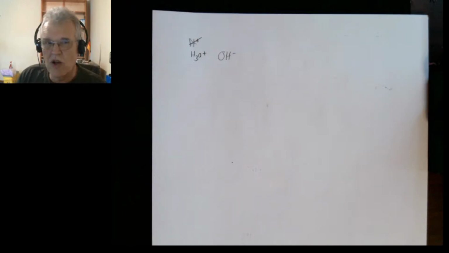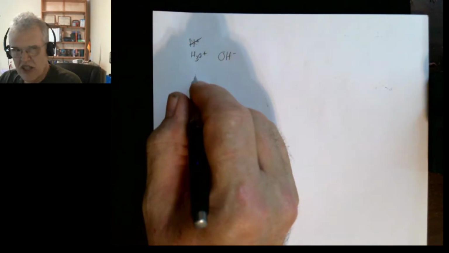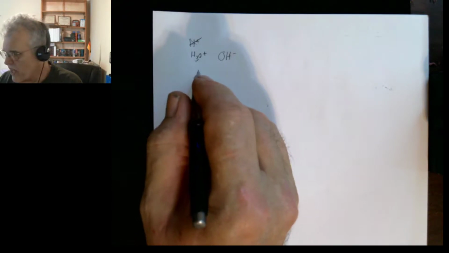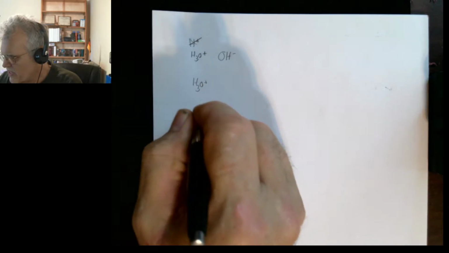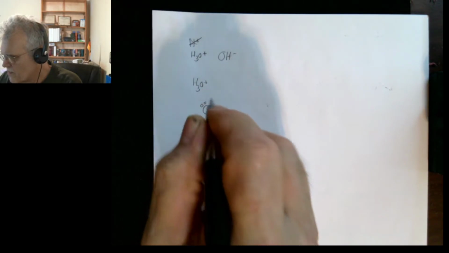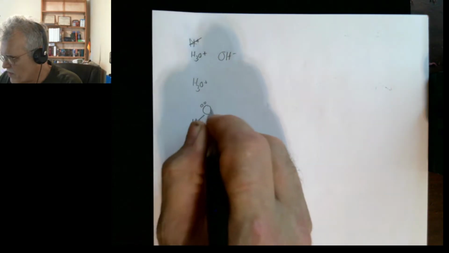The next one that came along was Bronsted-Lowry. They said, we're going to say that an acid is a proton donor. Does that make sense? Well, H3O+, what is that? That's a water molecule that has an extra proton on it, right?